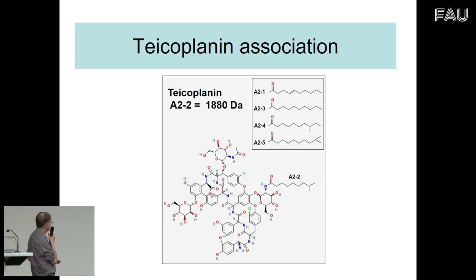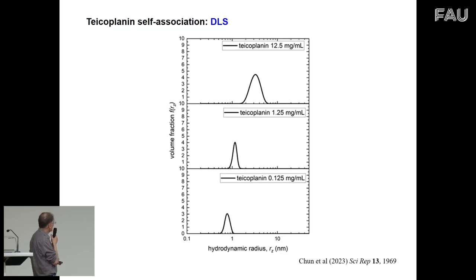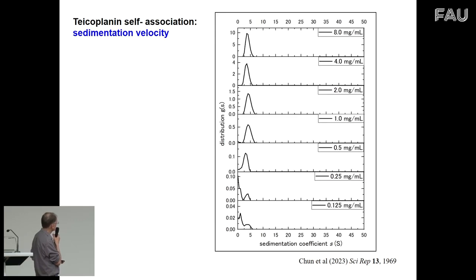Now, teicoplanin is a bit different. Again, it's the same sort of molecular weight, but it's got these acyl groups, large enough to look at in DLS, and you can see the shift with change in concentration, which looks interesting. And the sedimentation coefficient also shows this shift.